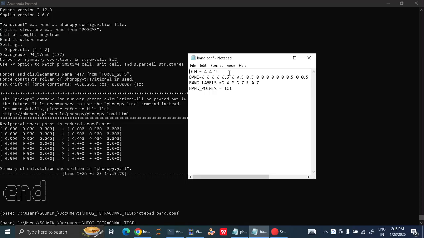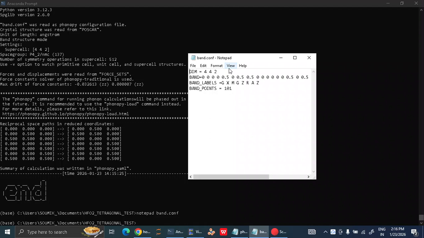So the possible reasons are: phonons are real space collective vibrations. Unlike electronic band structure, they are not located in a single unit cell. If the supercell is too small, some intercell force constants are artificially cut off. This truncation shows up as fake imaginary modes.